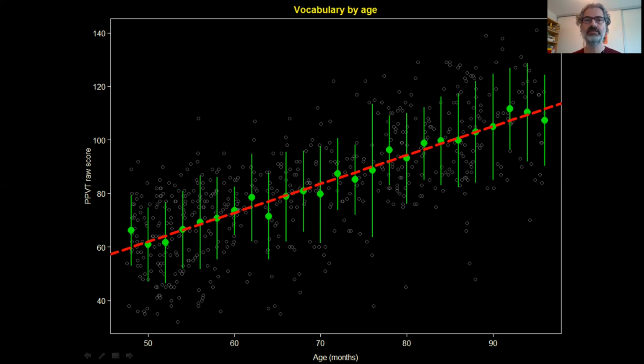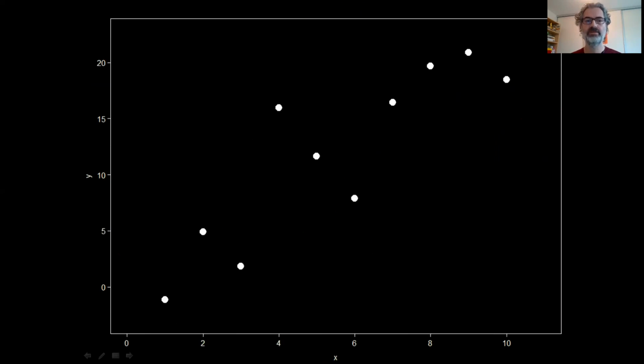To see how this line can be calculated and what that means, it's best to switch to an artificial example with fewer data points where we can see everything more easily. So let us leave our prediction of vocabulary by age for now and switch to this artificial data set with just 10 data points. We still want to predict y from x.